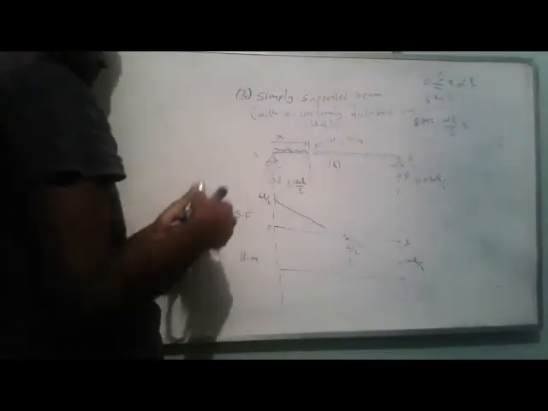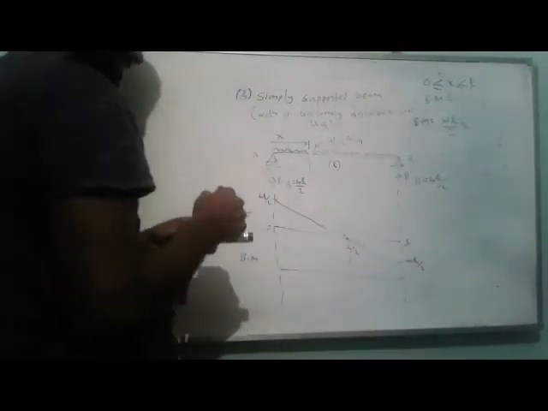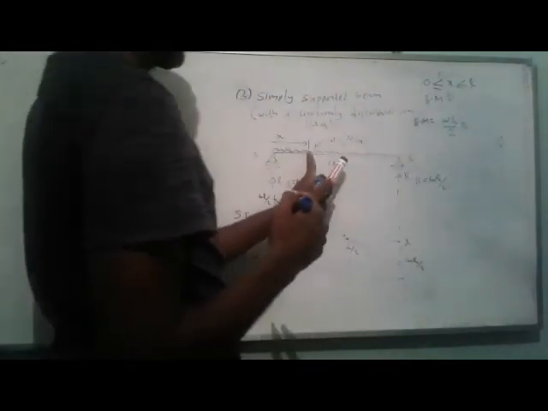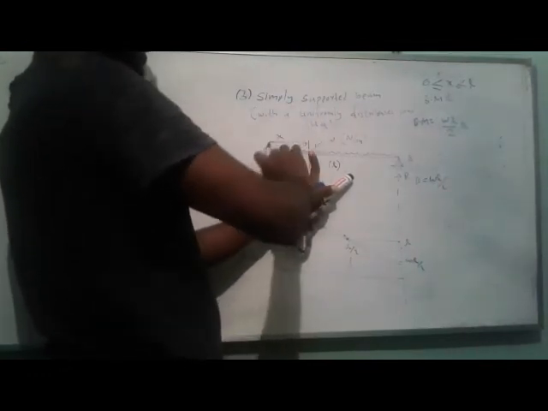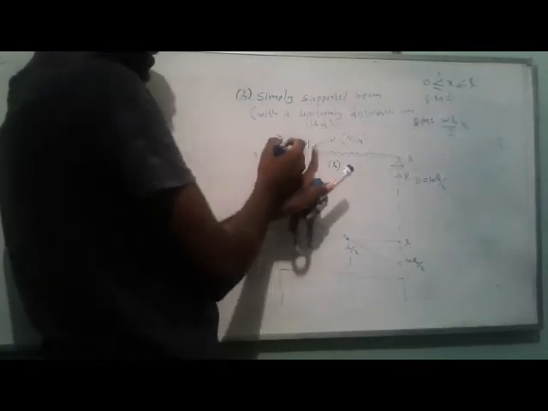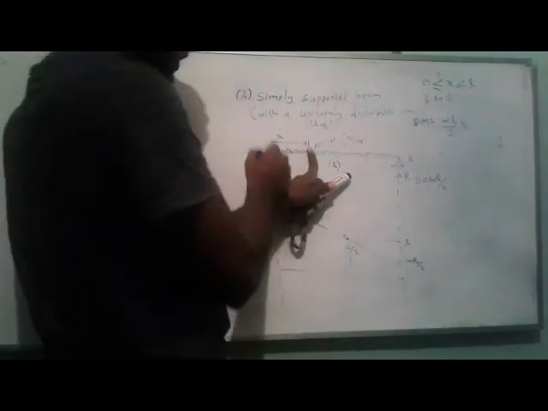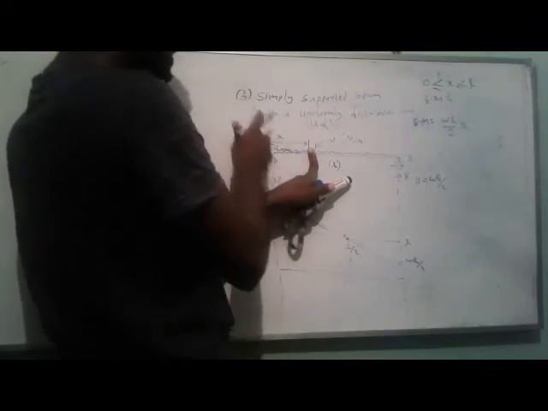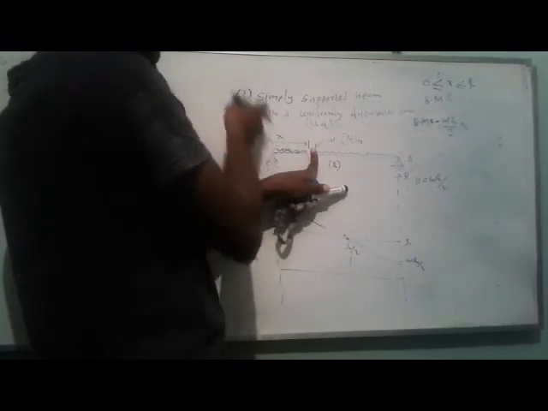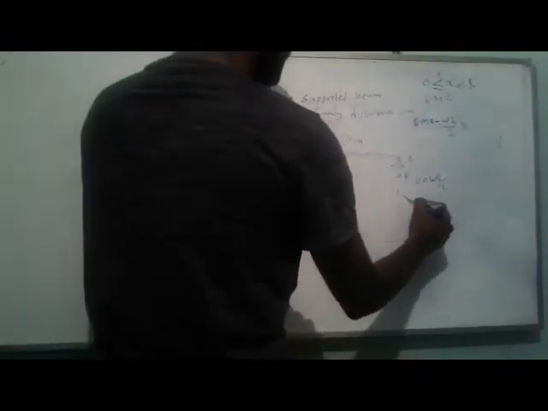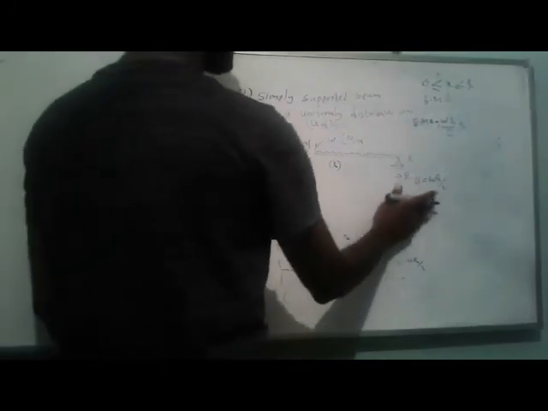And for the direction, if you put your finger here, due to this force it tends to bend like this. This is sagging bending moment. Therefore, it is negative. It tends to bend like this in the upward direction. The shape is like this. This is negative bending moment.